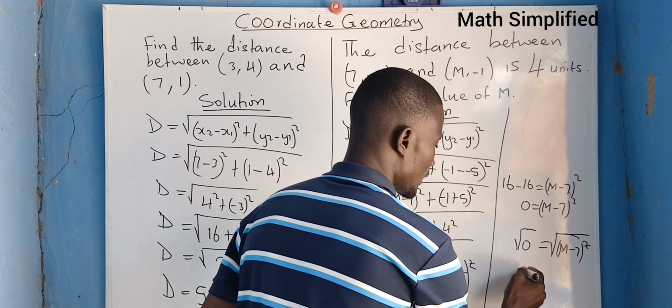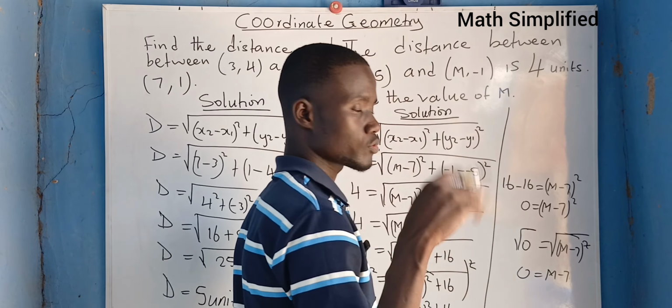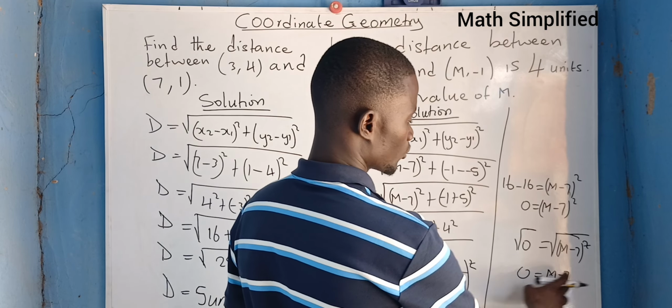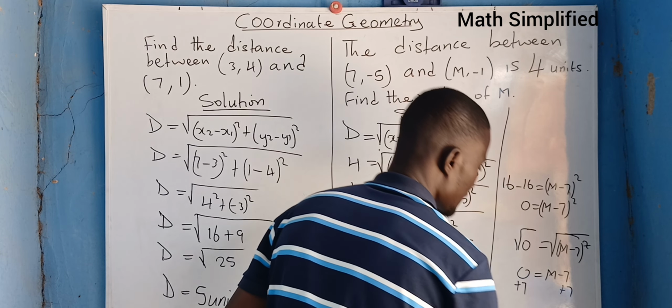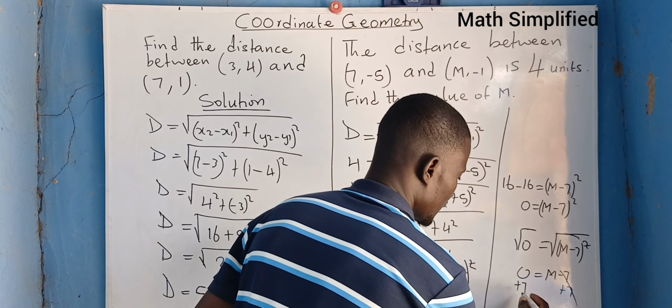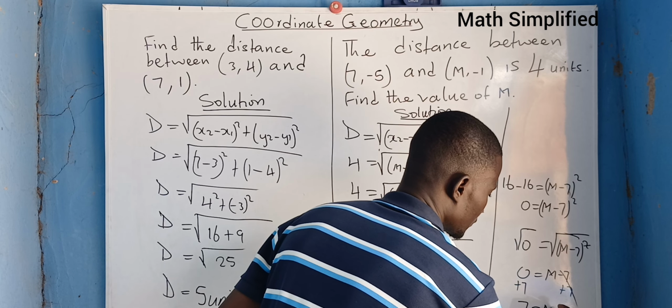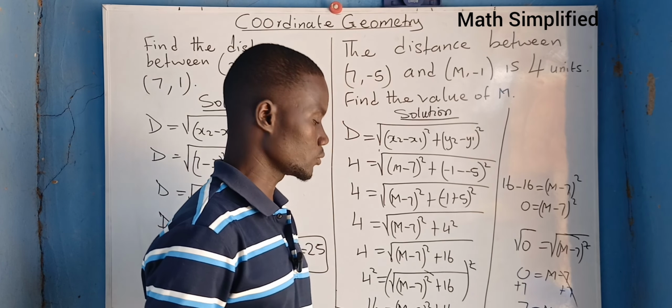Square root of 0 will give us 0 equal to m minus 7. The exponent 2 is gone. We group like terms here. We add 7 here and add 7 here. This will give us 0, and this also gives us 7 equal to m. And this is the final answer. m is equal to 7.